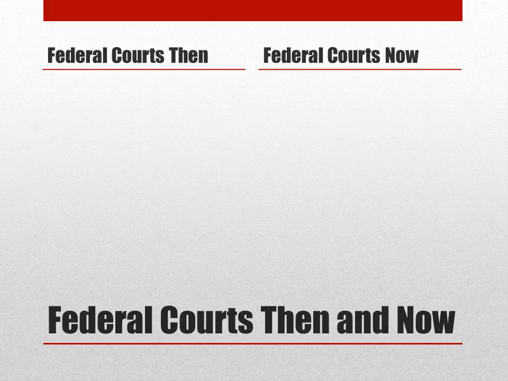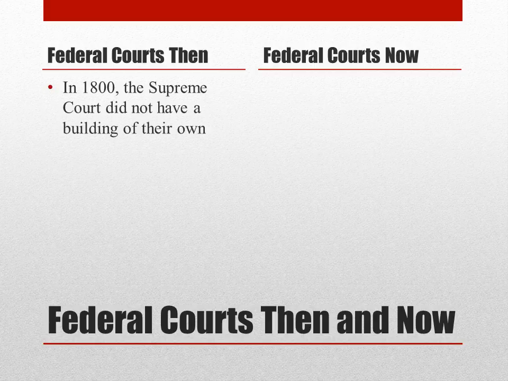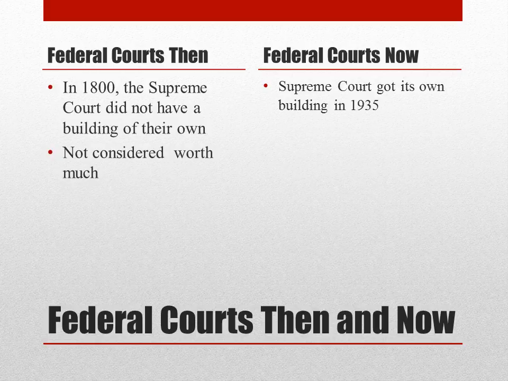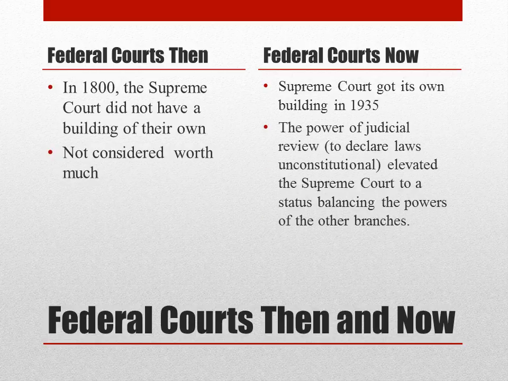Okay, federal courts then and federal courts now. So it's kind of sad. In 1800, when the government moved to Washington, D.C., John Adams moved into the White House. The legislative branch got the U.S. Capitol made for it.